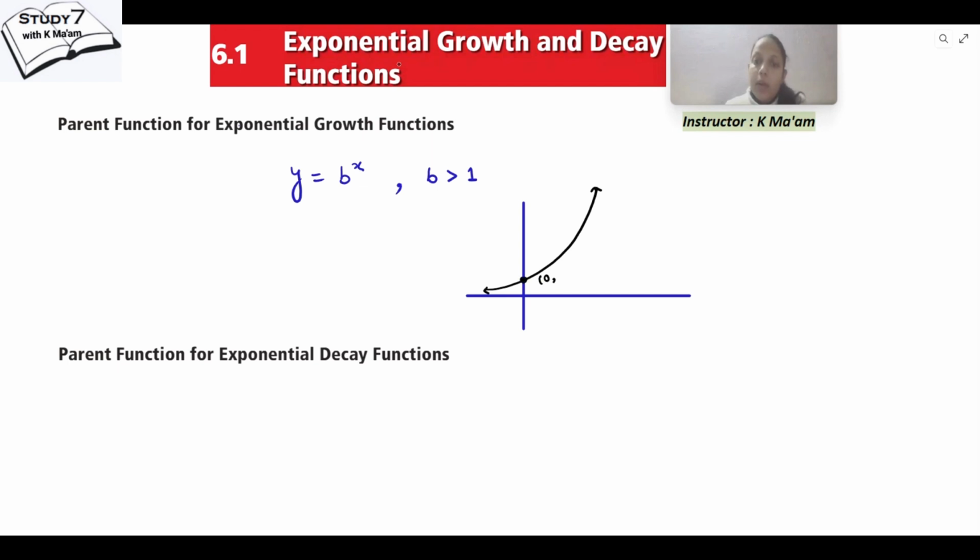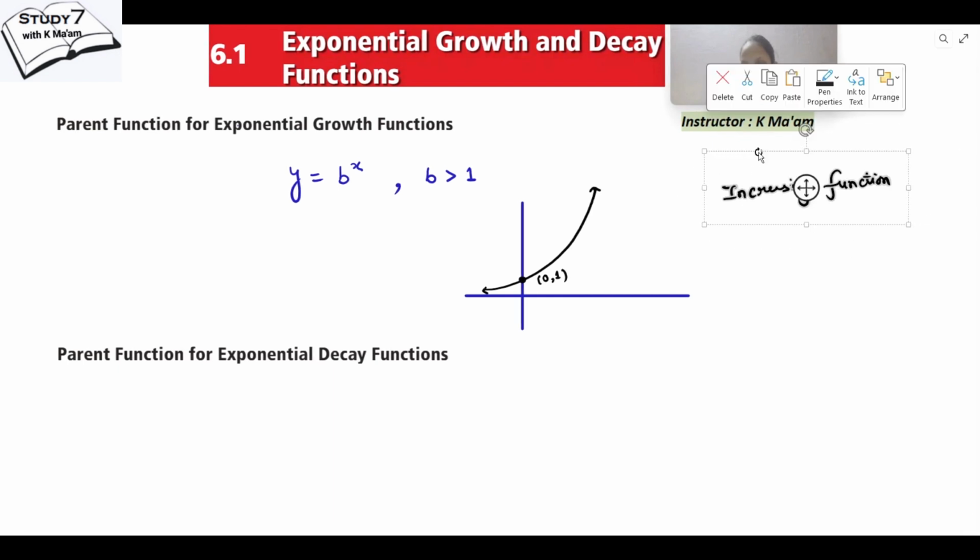So (0, 1) is the y-intercept, and the function is going up, so it's an increasing function. Always check increasing or decreasing from left to right. When you move along your curve from left to right, you are moving up or down. As you are moving up, it's an increasing function.